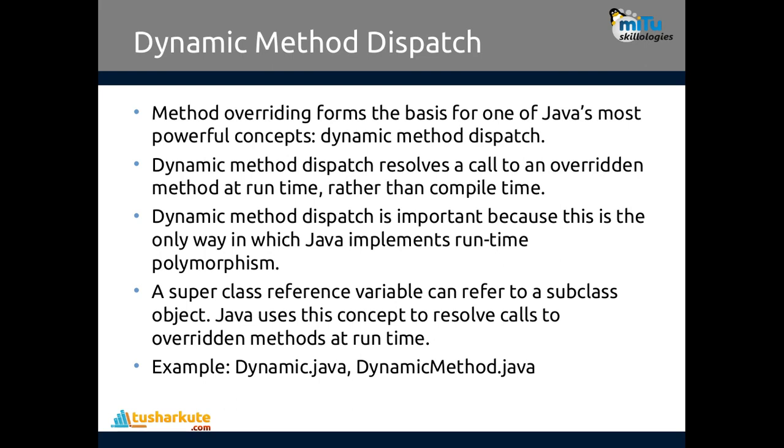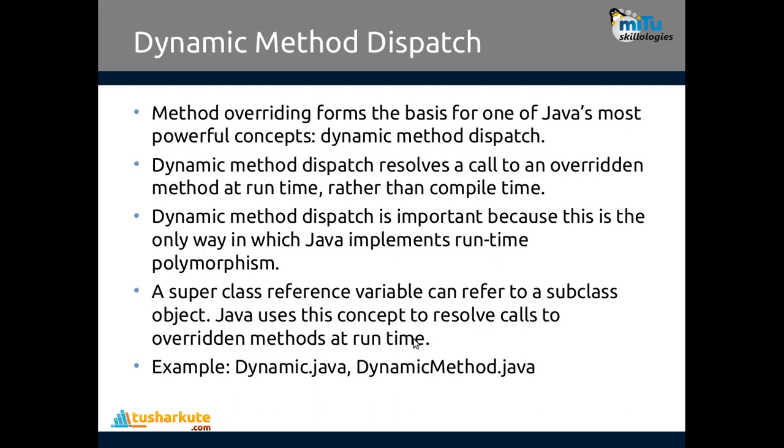It is important because this is the only way in which Java implements runtime polymorphism. A superclass reference variable can refer to a subclass object. This property I am now going to use in method overriding. Java uses this concept to resolve calls to overridden methods at runtime.